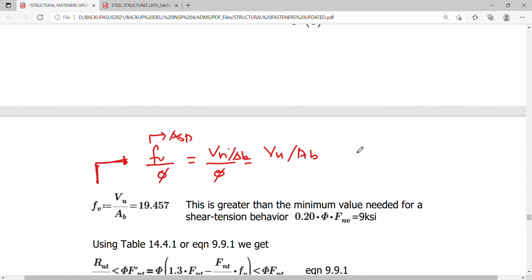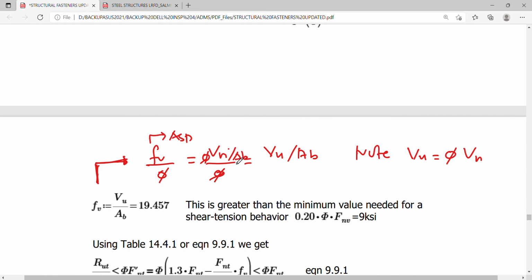Note that your Vn or Vu is equal to phi Vn. So this will cancel out. If I use V is equal to phi Vn here, this will simply cancel out.